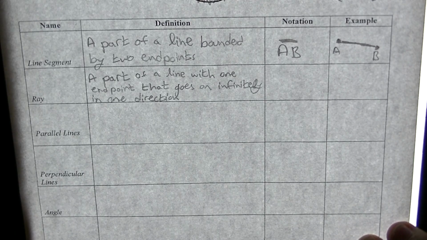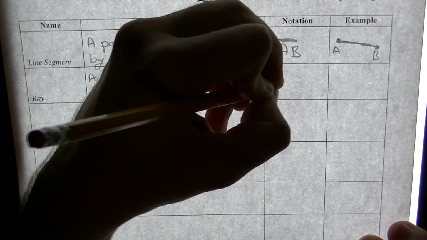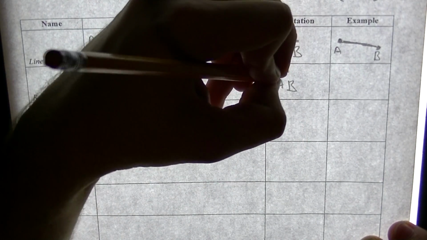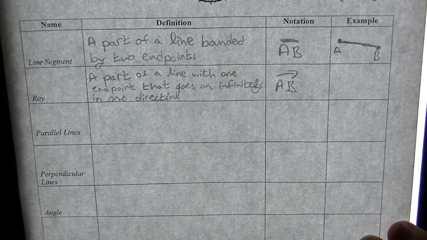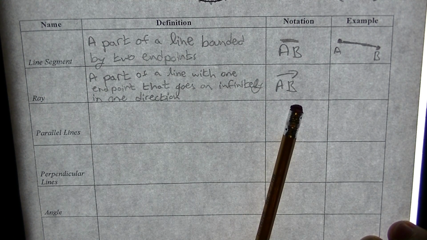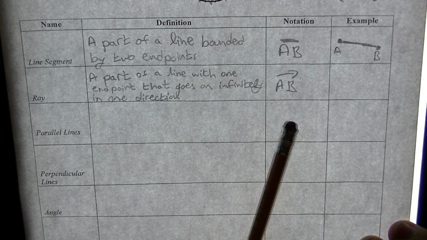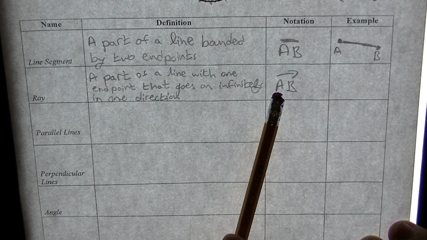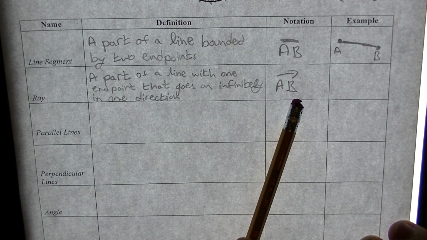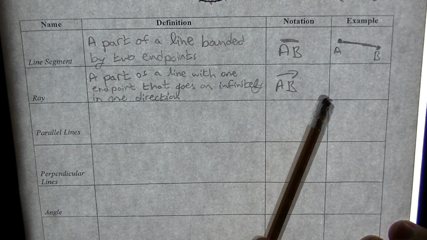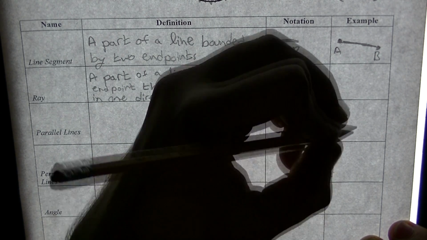The notation for a ray, I'll name this one ray AB. Here's the notation for the ray, and it's important which way the arrow is going. If the arrow is going this way, that means my endpoint is on point A, and point B tells me which direction I'm going through by saying where I'm going to have my ray go through.